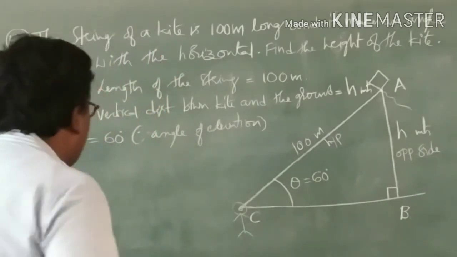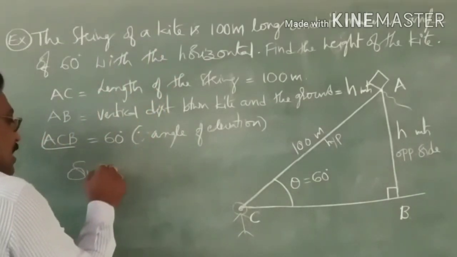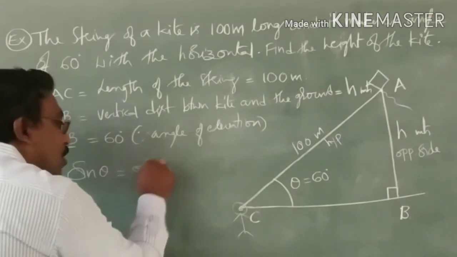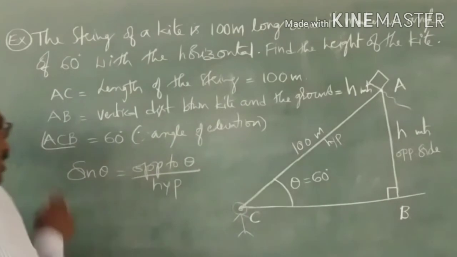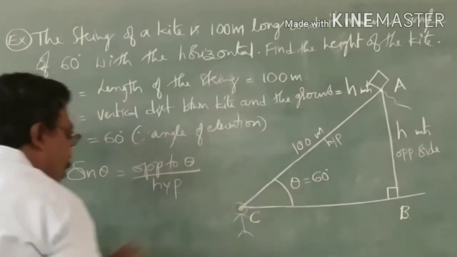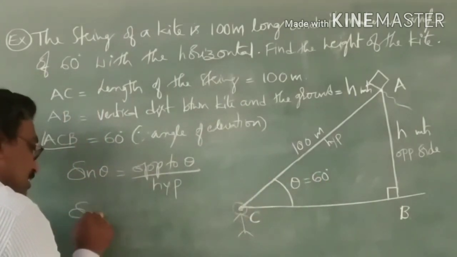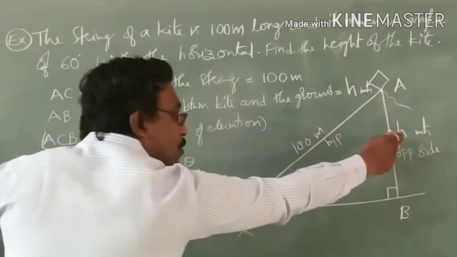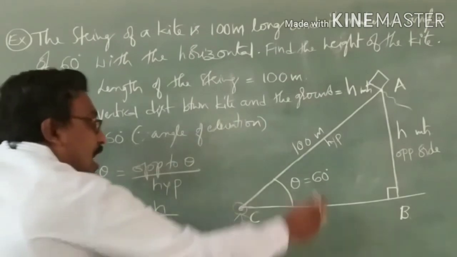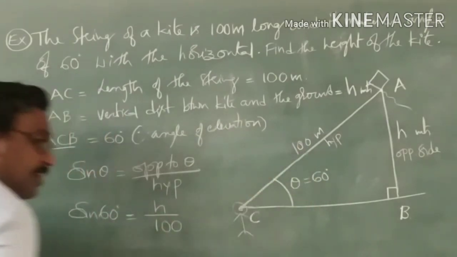I am using sin. Sin theta is equal to the opposite to theta by the hypotenuse. Theta is equal to 60 degrees, so sin 60. The side opposite to theta is h, and the hypotenuse is 100.